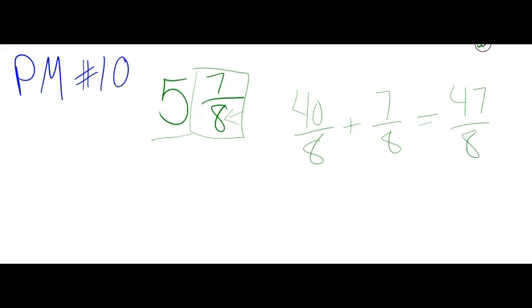Basically that's all that was in that section. Again, we take the integer, multiply it by the denominator, and then add this value to the numerator that we already had. That is how you take a mixed number to a simple fraction.